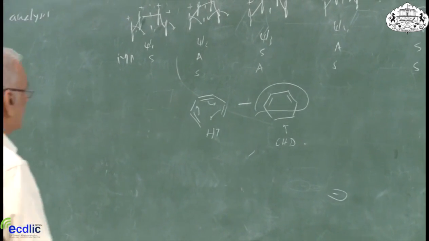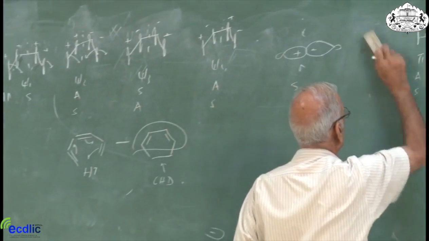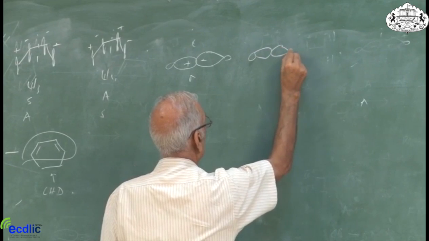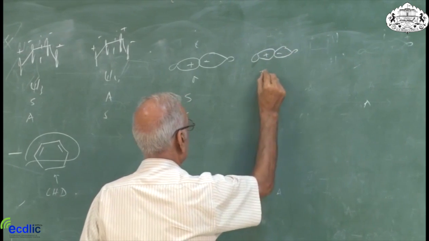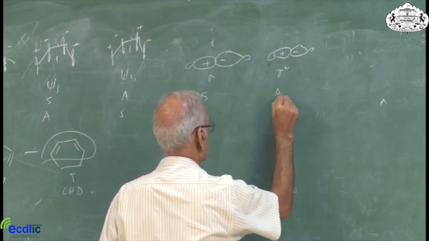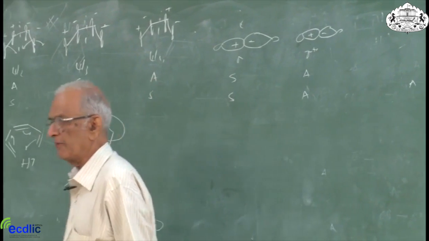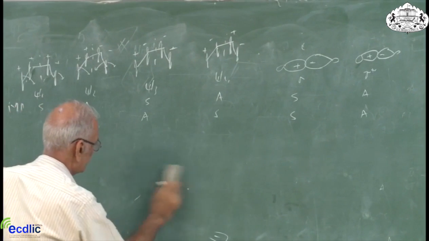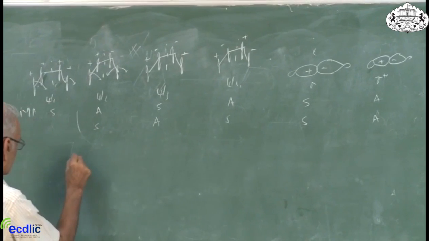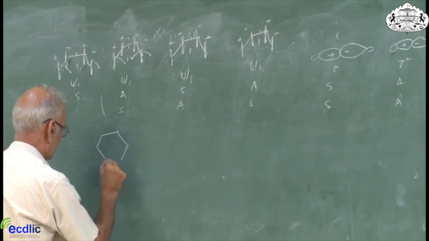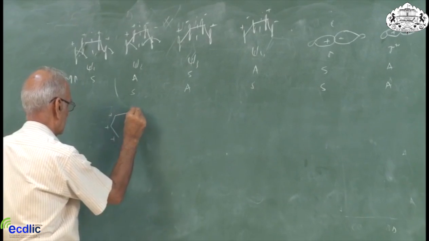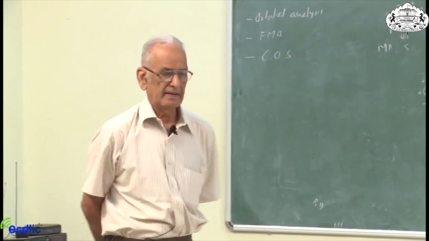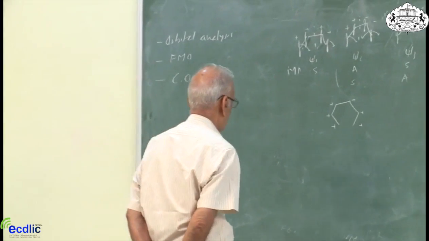So, that is your sigma star orbital, which is anti-symmetric with regard to both. Okay. So, what are my hexatriene orbitals? That is my hexatriene orbitals.